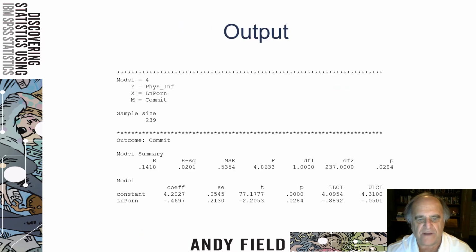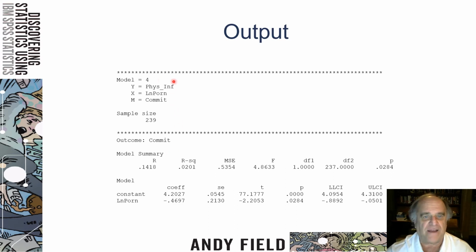Okay, so now you can see that the output starts with that A path. The output starts by showing you the relationship between X, pornography consumption, and the mediator.